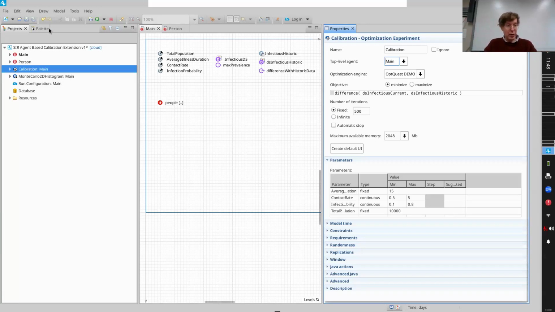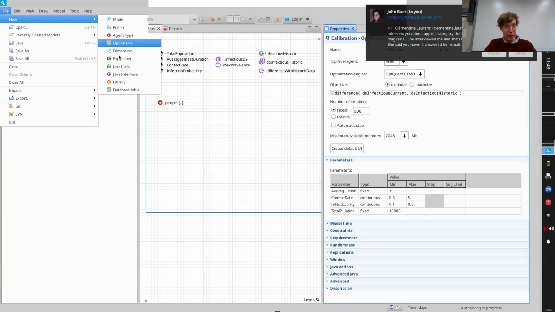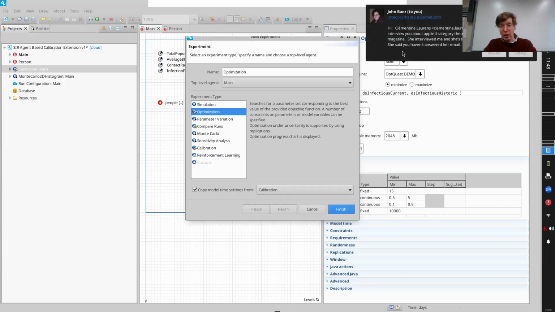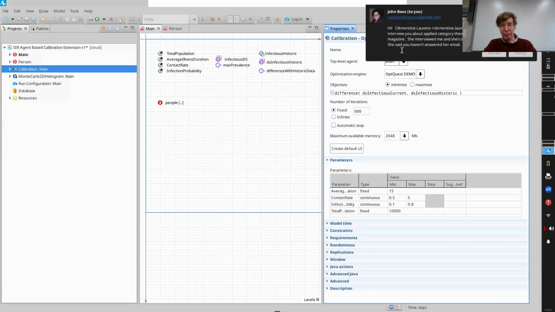Indeed, there's a policy optimization type of experiment here. That's interesting. There's a type of optimization you can perform that's commonly used for policy optimizations. Okay.